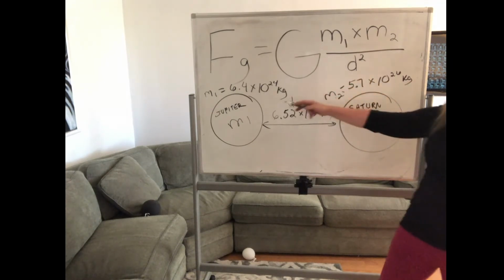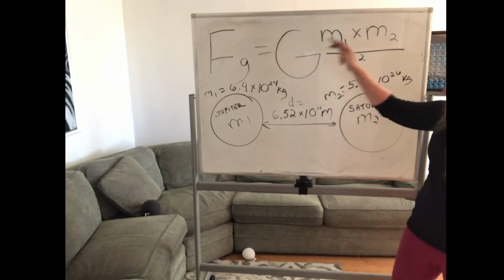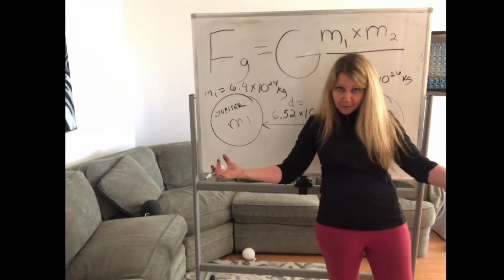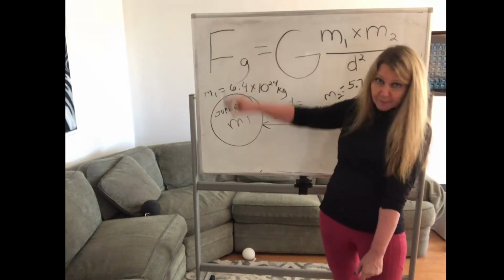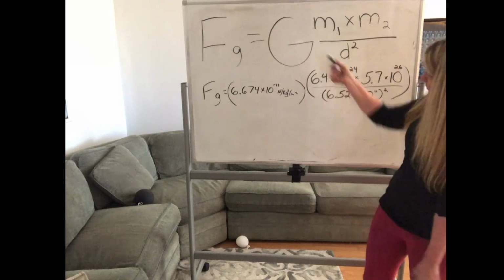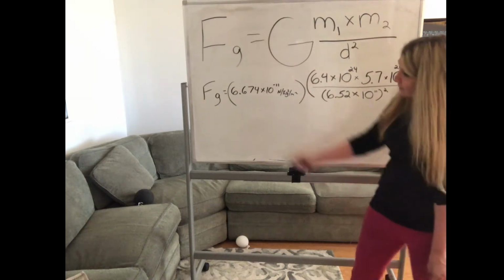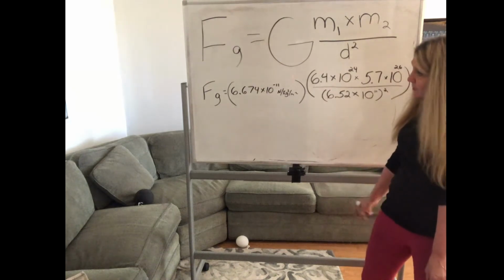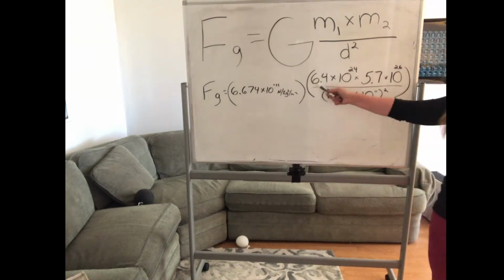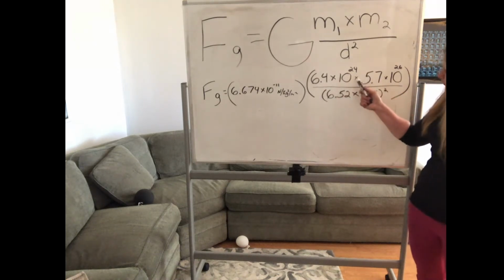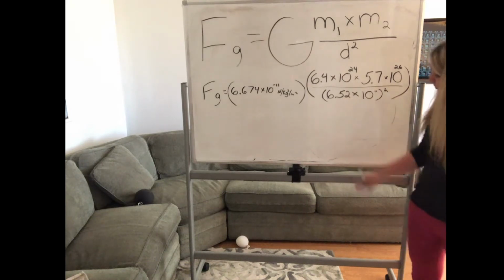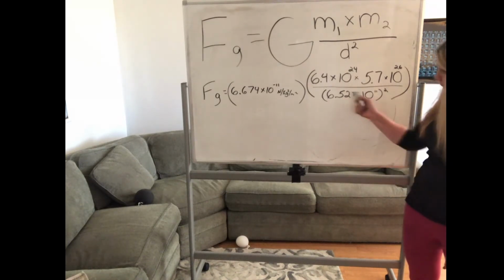So what we're going to do is put these numbers into the formula. Plug in the numbers and solve for F, because that's what we want to know. Now I know these numbers, so I plug them into the formula. So Fg is equal to 6.674 times 10 to the negative 11 times 6.4 times 10 to the 24th times 5.7 times 10 to the 26th divided by 6.52 times 10 to the 11th squared.